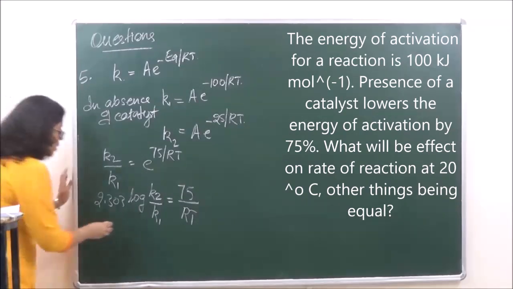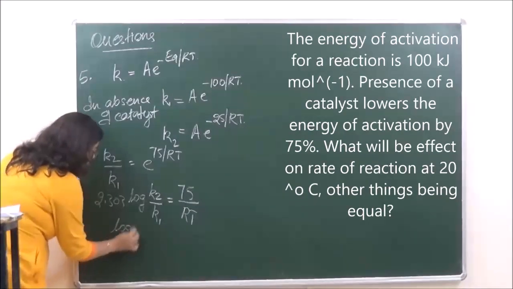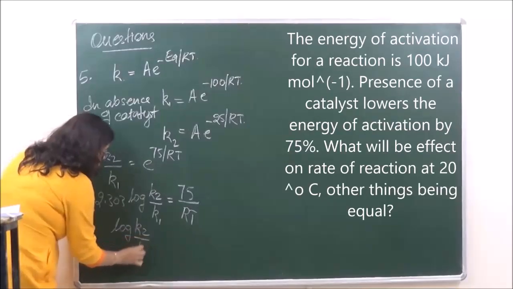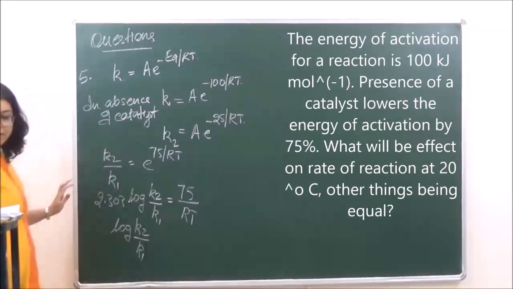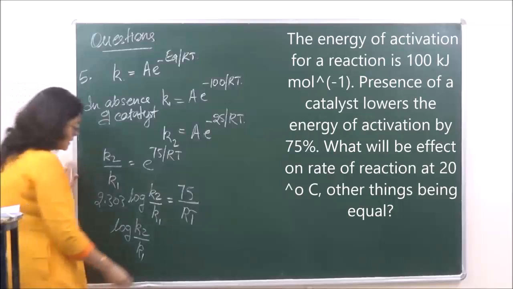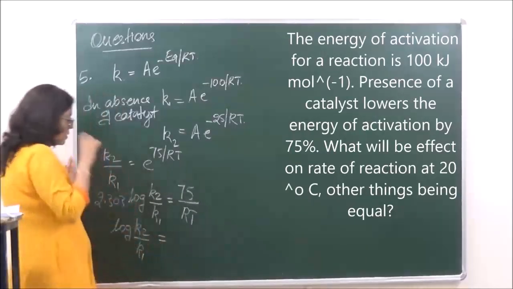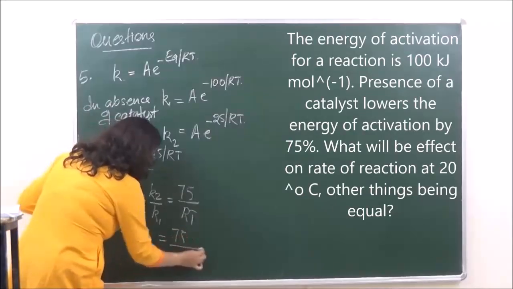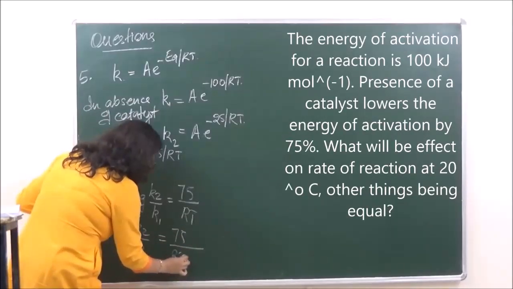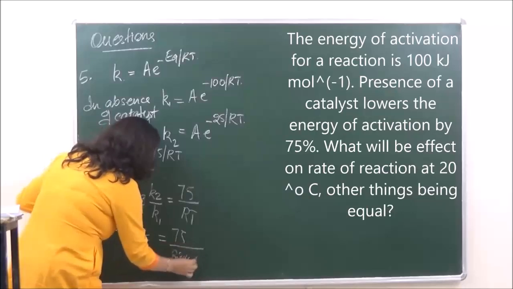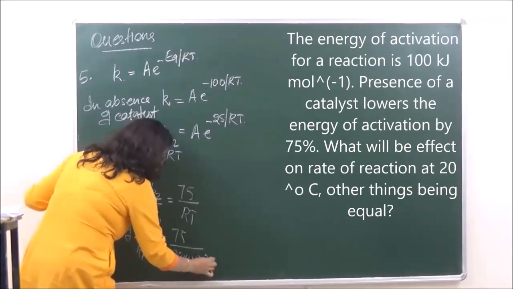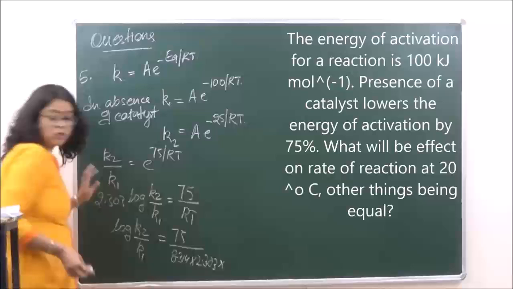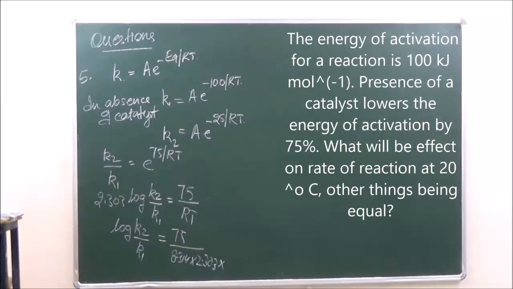So we will have log of K2 upon K1, that is coming as 75 upon 8.314 into 2.303 into temperature, which is given to us as how much? 293, 20 degrees Celsius.